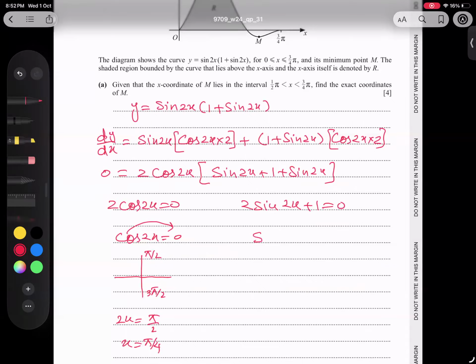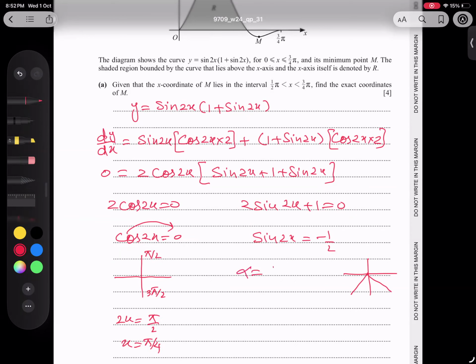So sine double x, 1 goes there and 2 divides, so I got negative half. And you know, sine is negative in this and this quadrant. First of all, I'm just finding the principal angle.